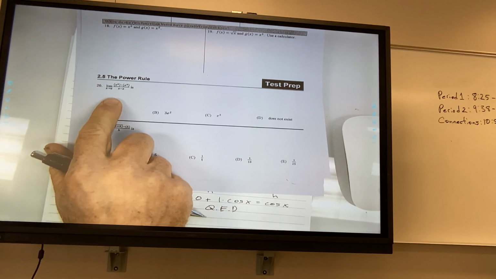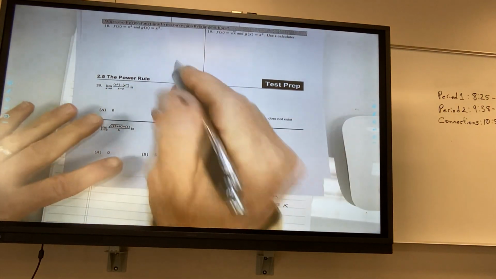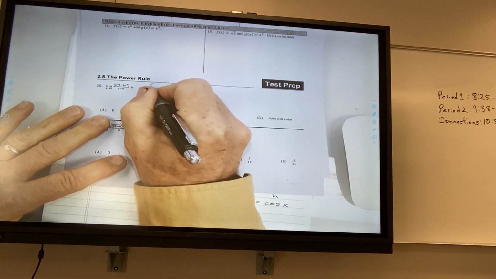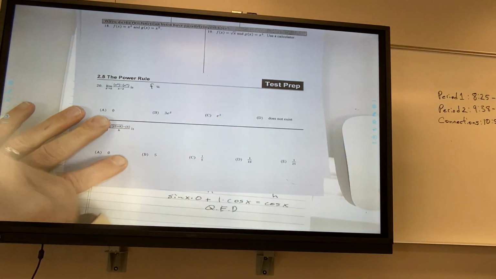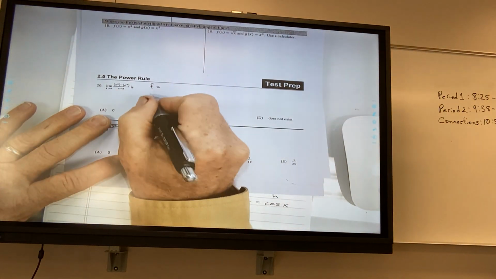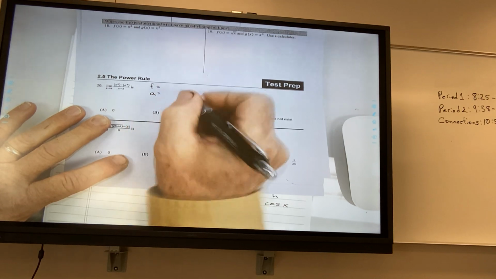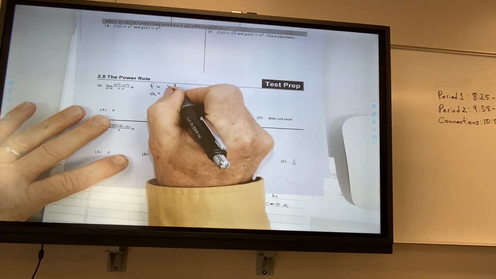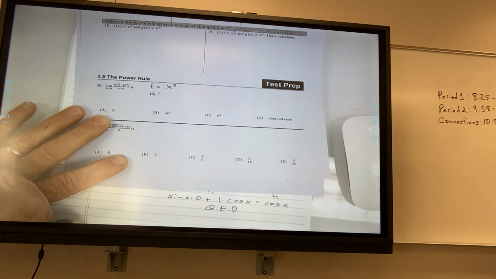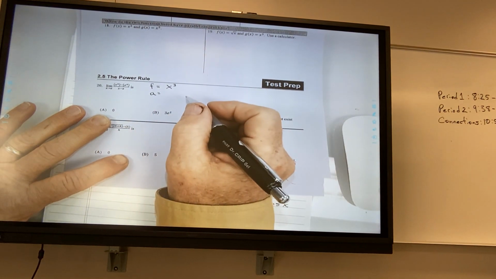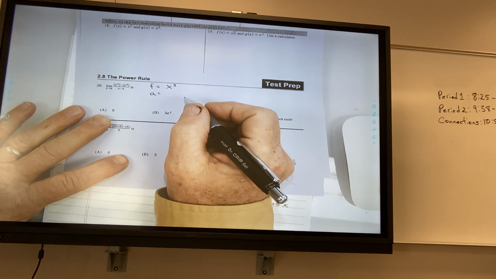So if you look at this one, I'm going to ask you this question. Do you know what F is? I believe F is x cubed. It is x cubed. Great. And since x is approaching e, we just replace the x with the e. Okay, so what's A? A is e. A is e.